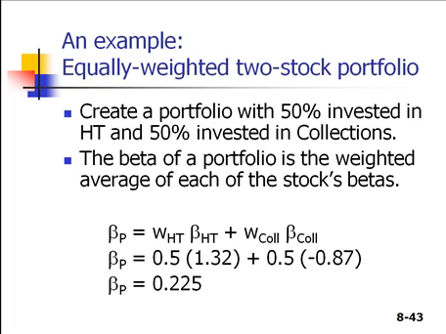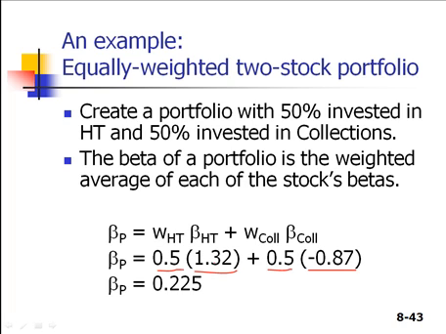So we just note that the beta of the high-tech stock is 1.32. That was given. And the beta of the collection stock is negative 0.87. That also was given. Then it's a 50-50 mix, so those are the weights, 0.5 and 0.5.